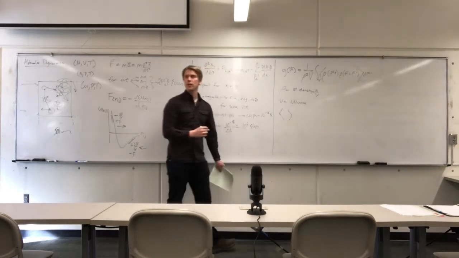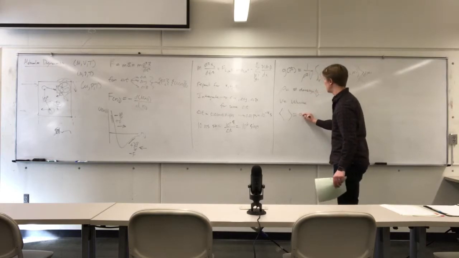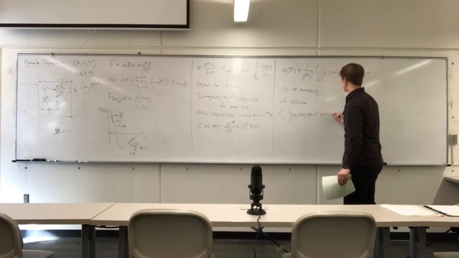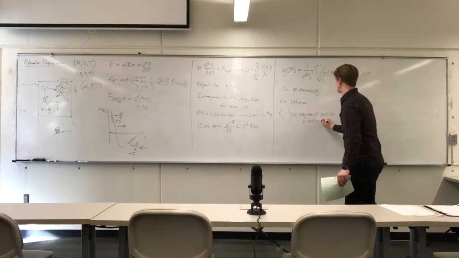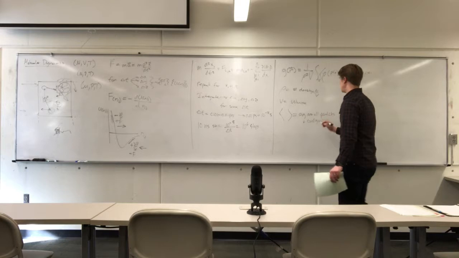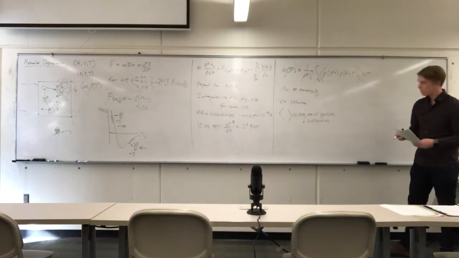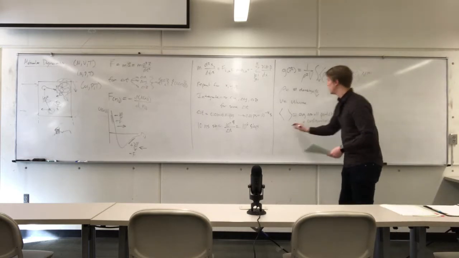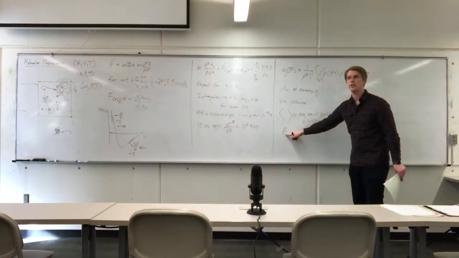These brackets are very commonly used in these types of statistical calculations. This is the average over all of the particles and all of the configurations. So that means you have to repeat this calculation lots of times over again. Our R vector here, this is our displacement.